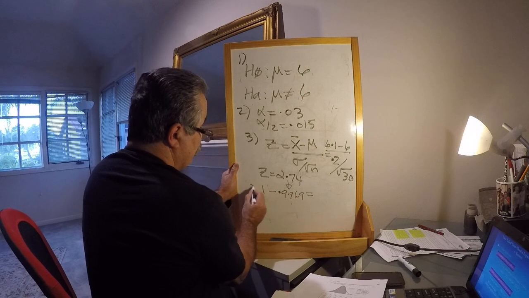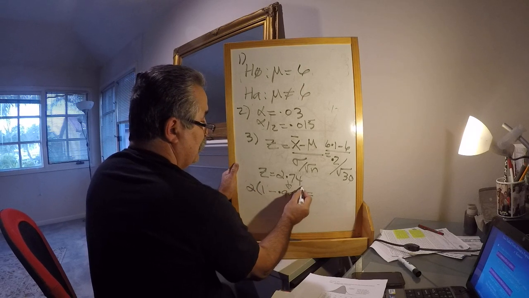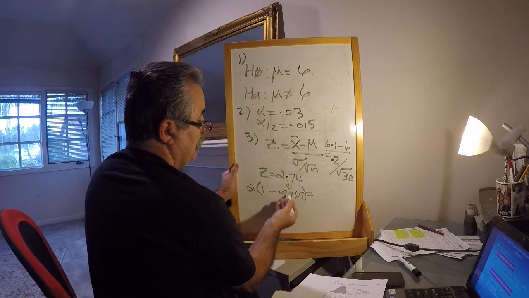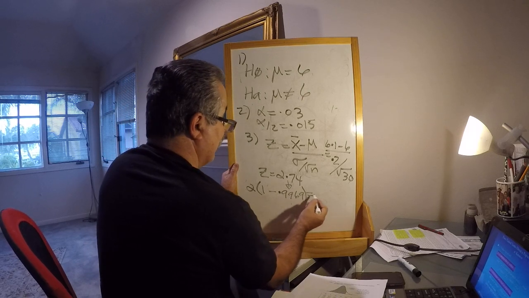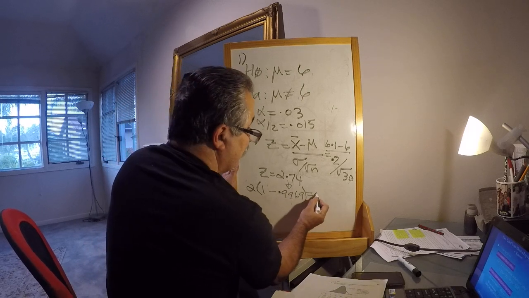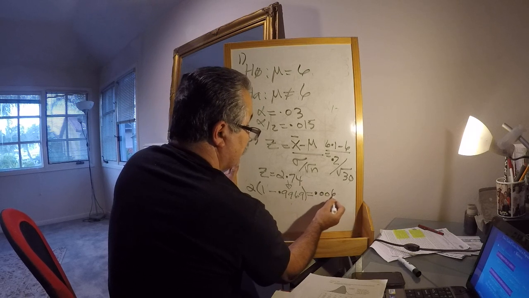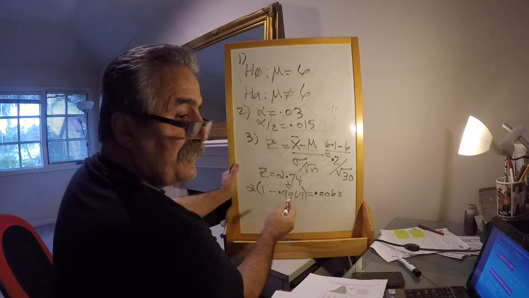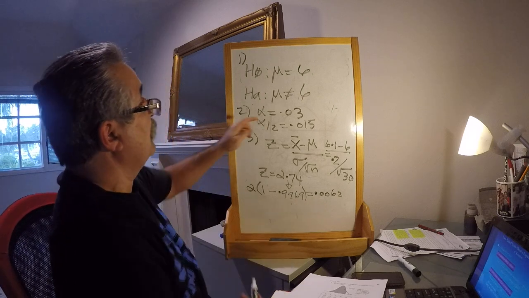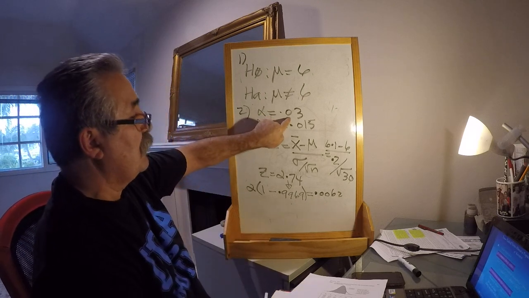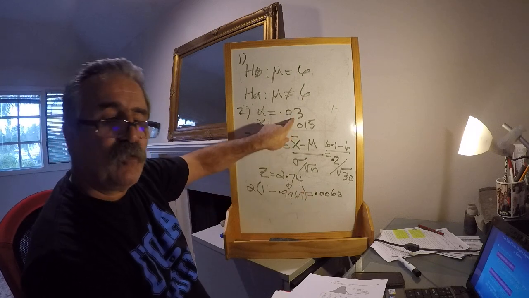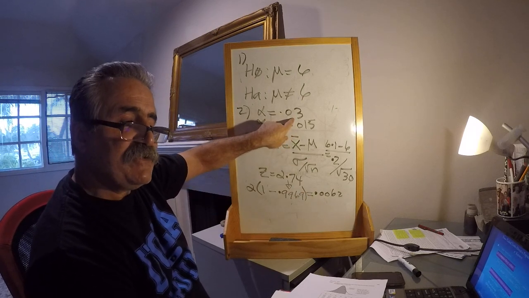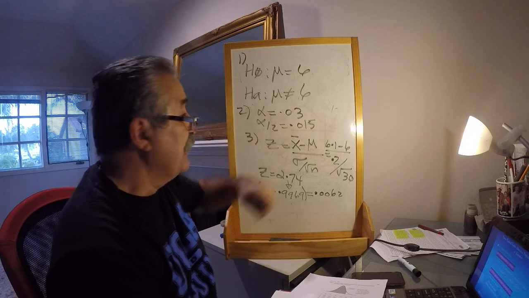So 2 times 1 minus the area, that is going to be 0.0062. So 0.0062 against the level of significance, which is 0.03. This is smaller than this, therefore we go ahead and reject the H0.